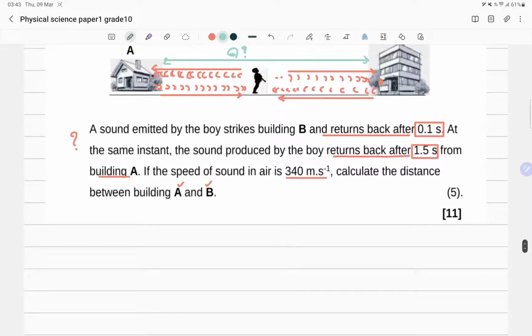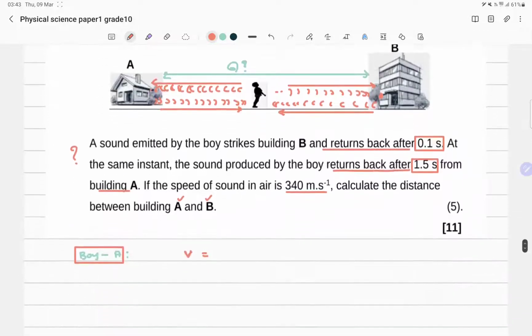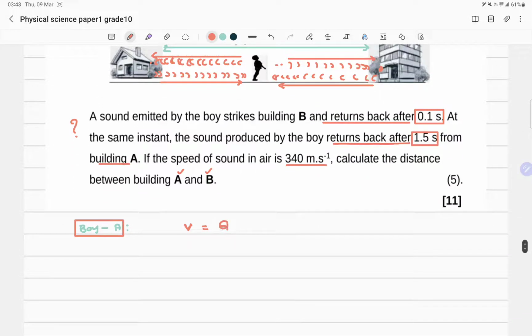I can understand it, but let's do it anyway. I will do it the way I understand it. Let's just say from boy to A. We know that velocity is equal to, we didn't hear anything about the frequency, so it's going to be distance over time. Which is 340 equals distance over time.